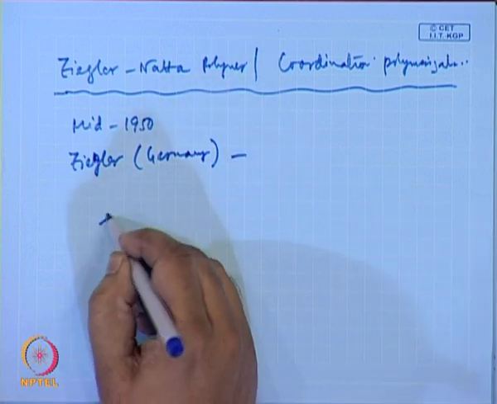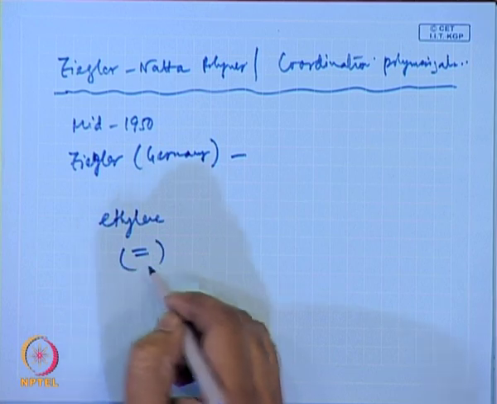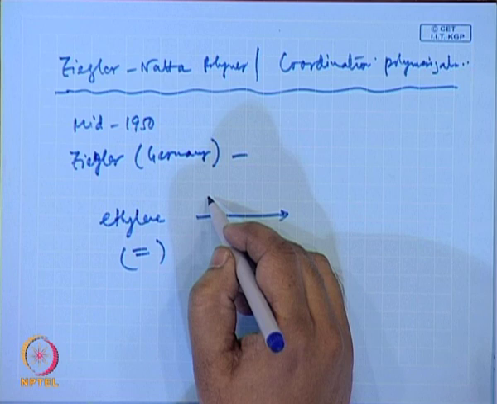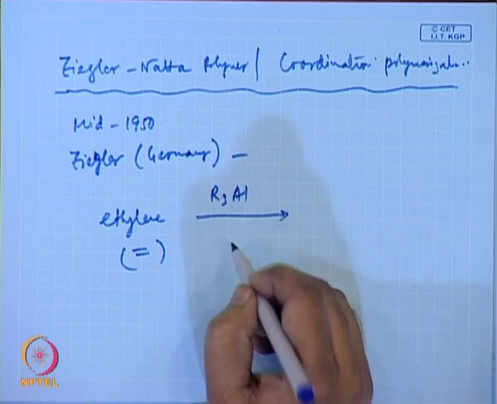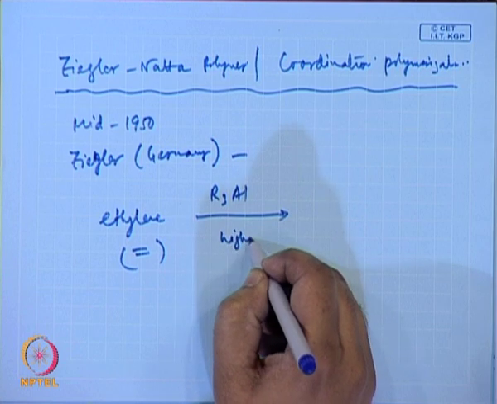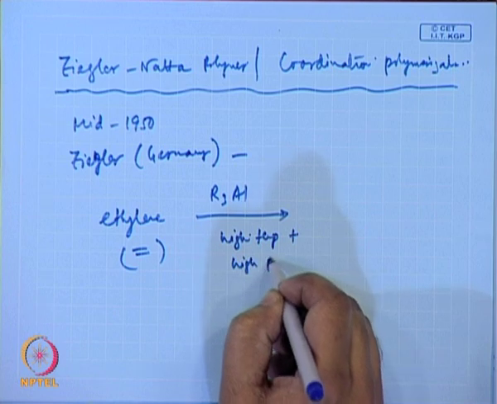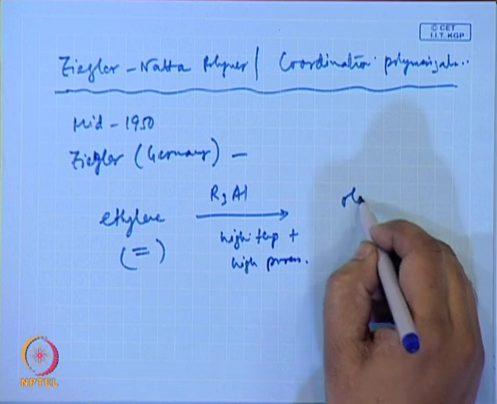he was doing ethylene polymerization, So, ethylene in the presence of trialkyl aluminum, say for example R3Al, at high temperature plus high pressure, you only got oligomers.